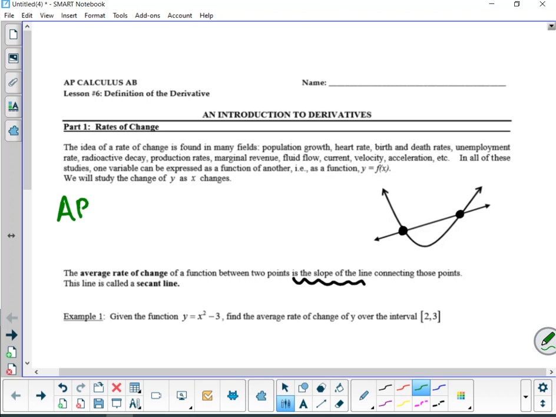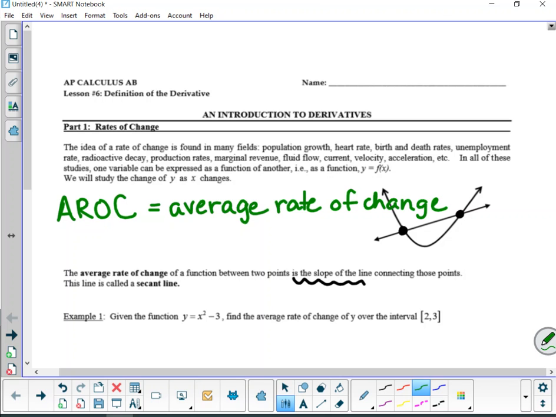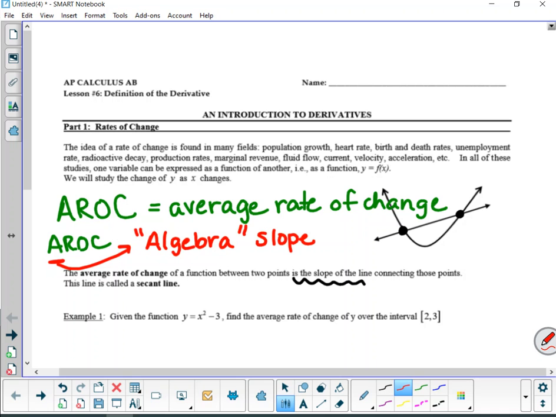We're going to see the letters AROC for average rate of change. And what you can think is, our average rate of change is essentially an algebra slope.